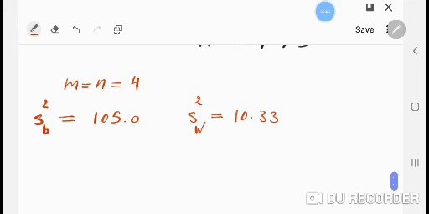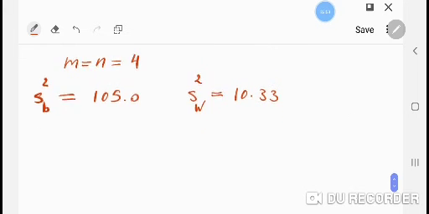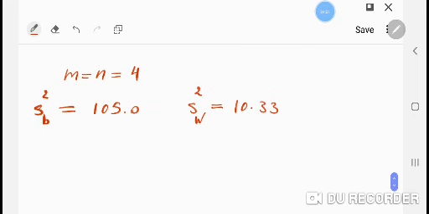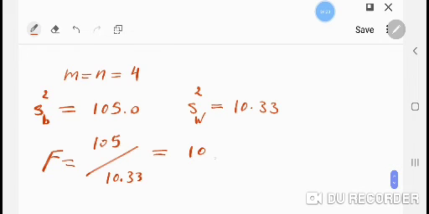And with the F test, the greater sum of squares divided by the other gives 10.60.